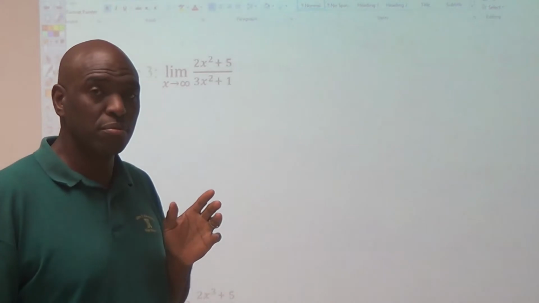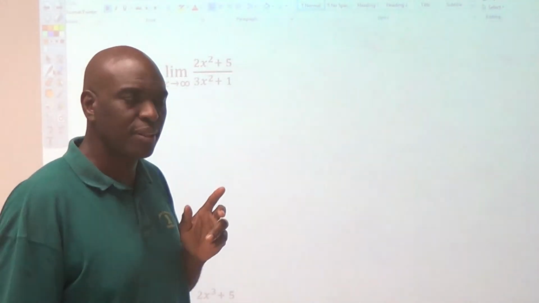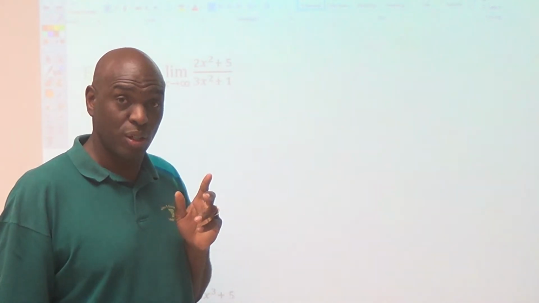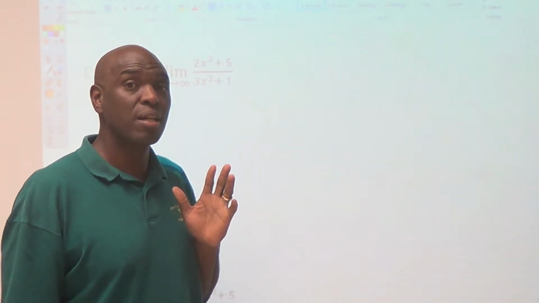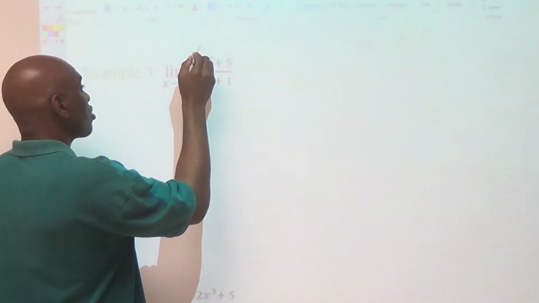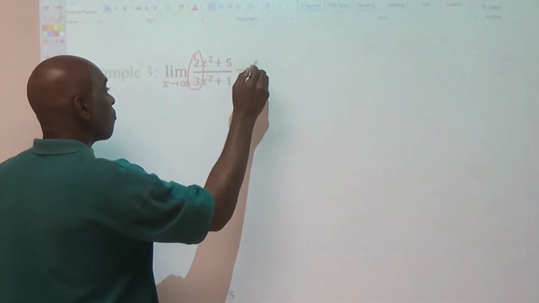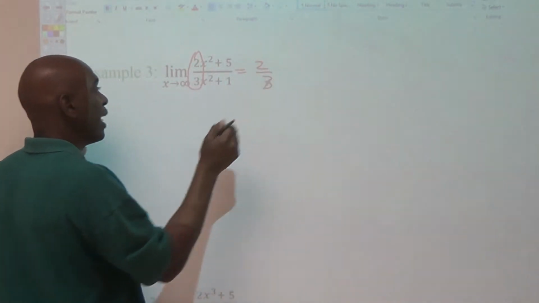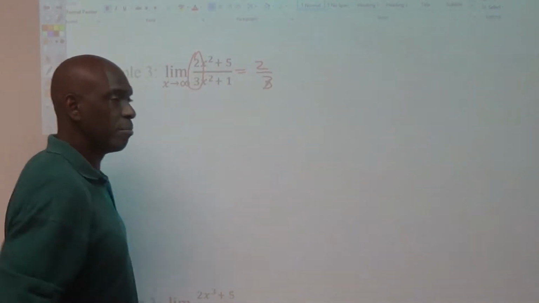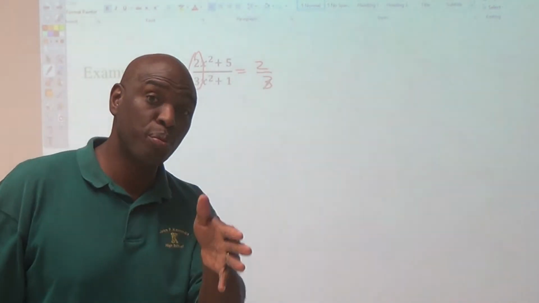Start with a C. No, not constant. Take the what? Coefficients. Good, coefficients. So I know my answer is going to be 2/3. Why? Because the powers are the same.